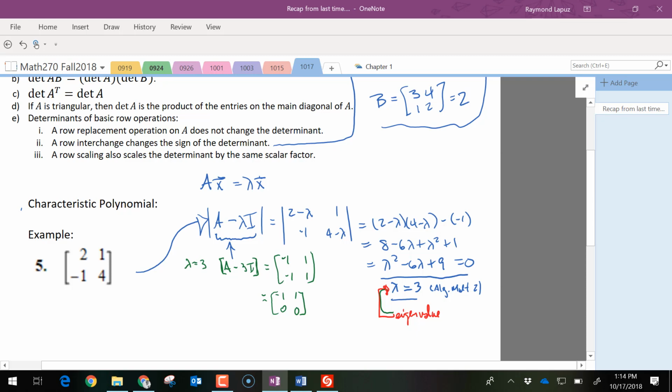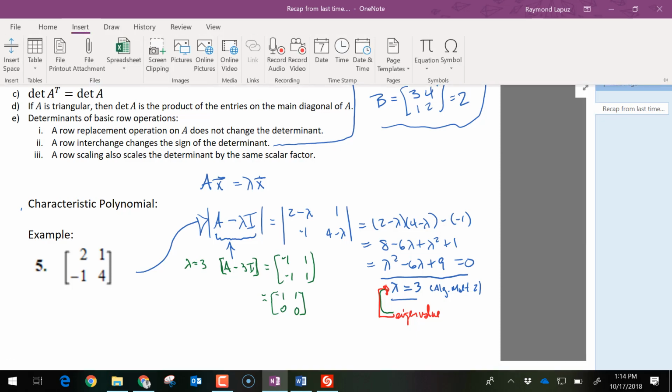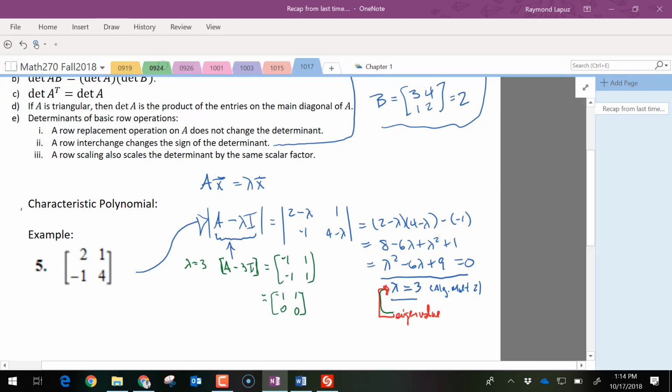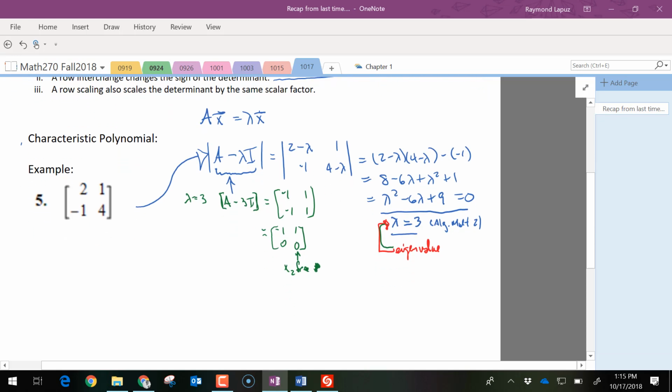So we have an eigenvalue, and now we're about ready to get our eigenvector that corresponds to this particular eigenvalue. And so that vector is going to be, we have a free variable in x2. And so if you put that back, minus x1 plus x2 is equal to 0, so x1 is equal to x2, right?